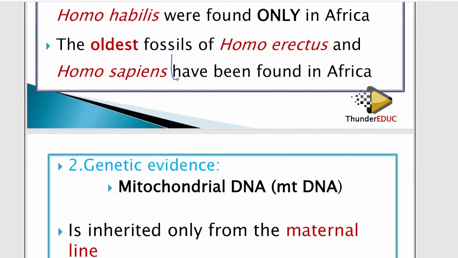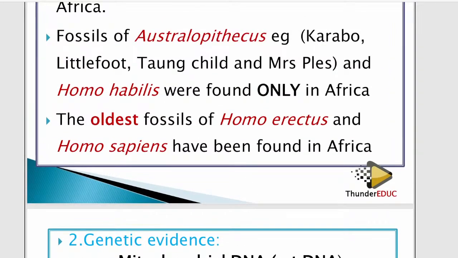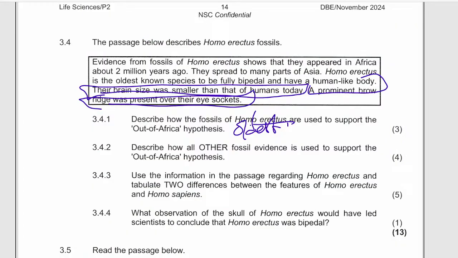Being found in Africa. So that word, the oldest, is a marking point. The fossil of Homo erectus was found in Africa. That's where you get a mark. Then we go to the next question.